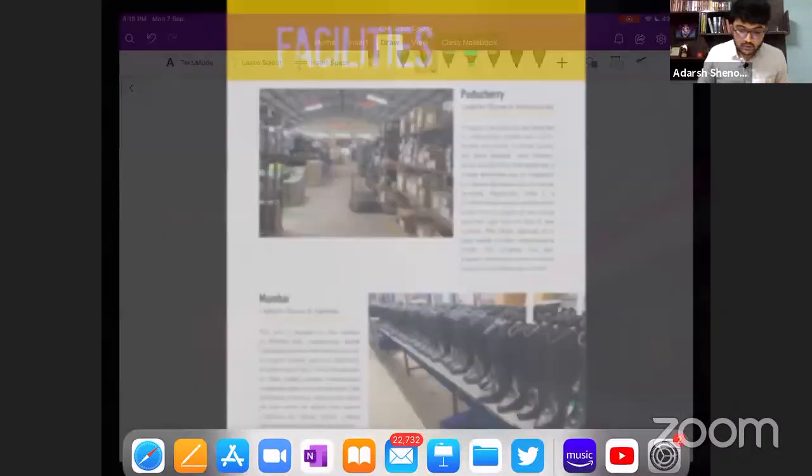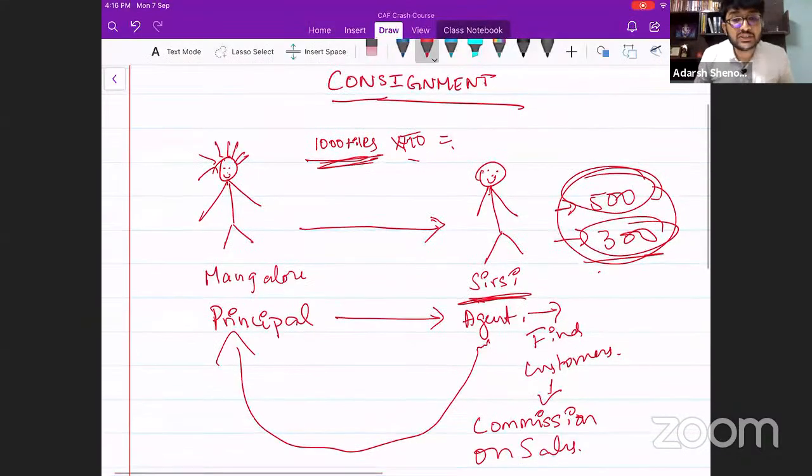But in consignment, what we're talking about is selling agents. There are different types of agents. There are something called buying agents also. Buying agents are persons who buy goods for me. For example, now I want certain kinds of mini forest products. Mini forest products means tendu leaves and all that, which are grown in forests.